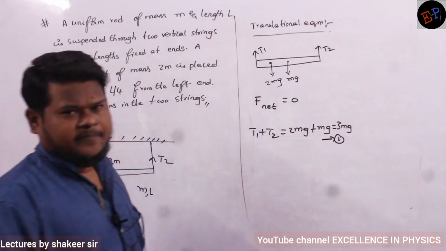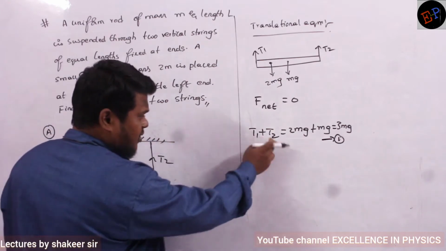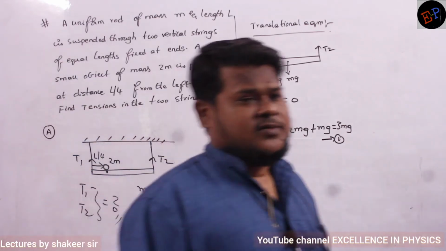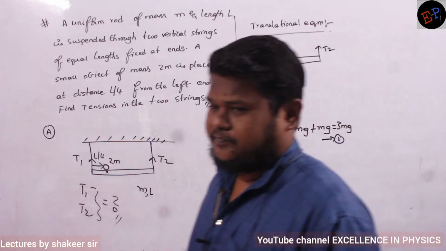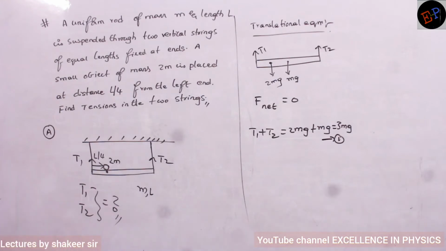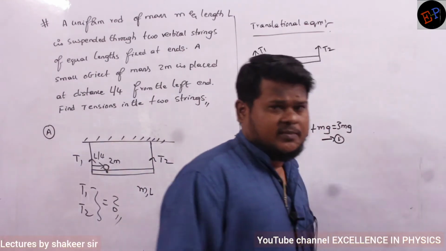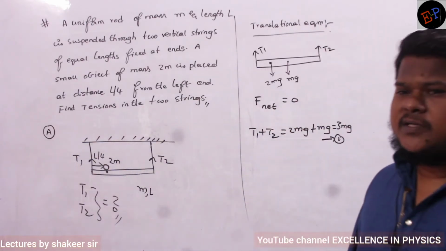Are you able to understand? I want both T1 and T2, two unknown quantities. It means definitely I require one more equation. From where can I get the second equation? One equation I calculated from translational equilibrium.